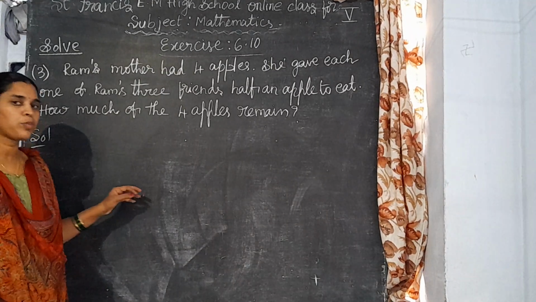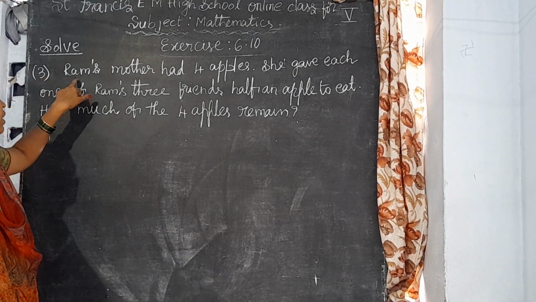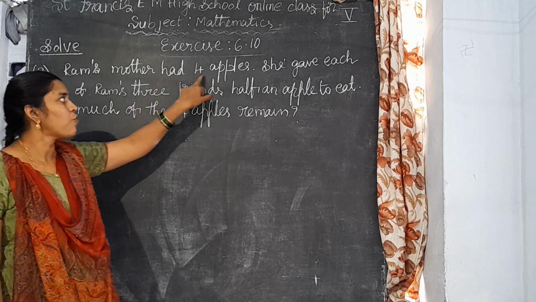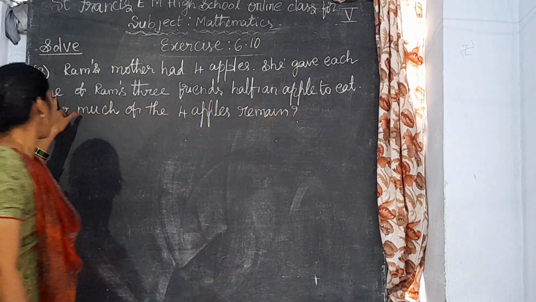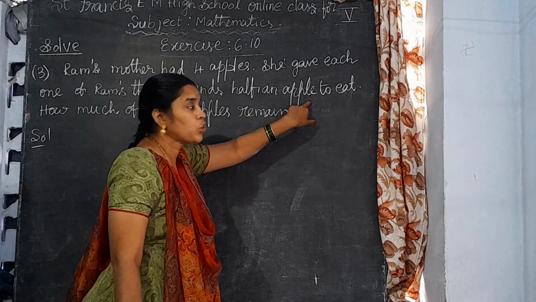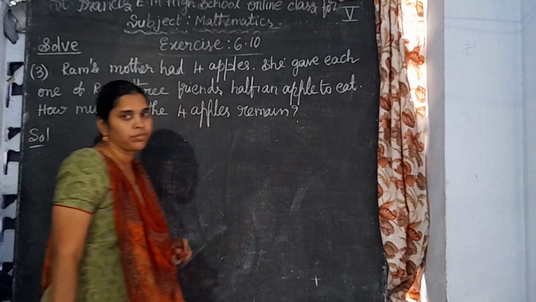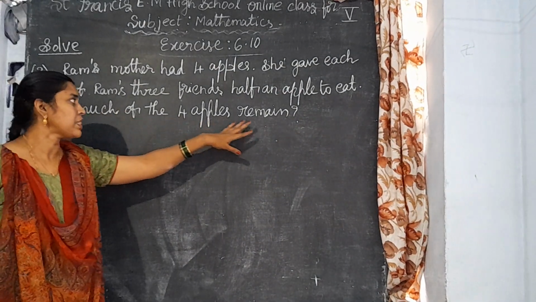So now I am going to explain the third problem in exercise 6.10. See, Ram's mother had 4 apples. She gave each one of Ram's 3 friends half an apple to eat. How much of the 4 apples remained?